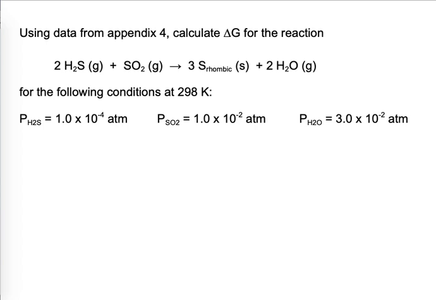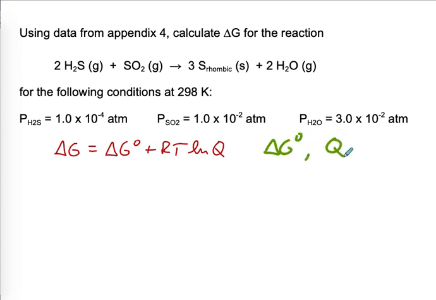Well, we know that to calculate delta G, we have to use delta G equals delta G naught plus RT ln Q. That tells us we need two quantities. We need to calculate delta G naught, and we need to calculate Q based on the information that's given. Delta G naught we know how to do, and because we are at 298 Kelvin, that makes our lives a little bit easier. Of the three methods of calculating delta G naught we learned in the previous video, let's use the one that uses standard free energies of formation.